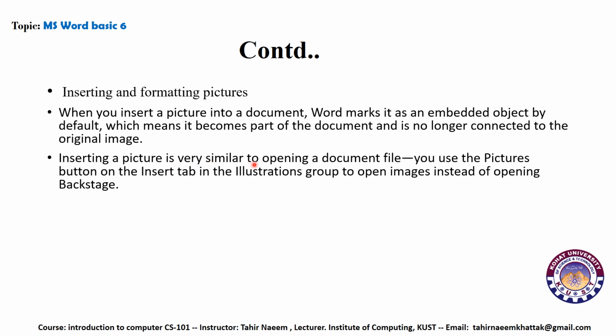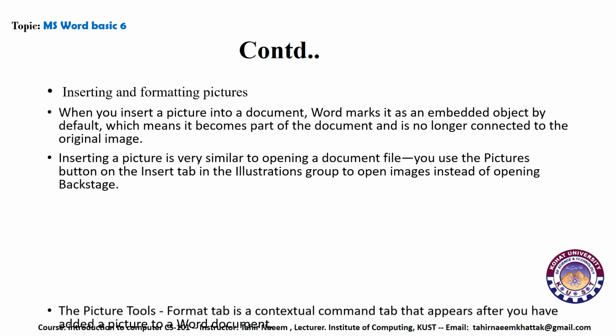Inserting a picture is very similar to opening a document file. You use the Picture button in the illustrations group to open images instead of opening the backstage. So basically, when we click on the Insert tab, we click on the Picture button, and the folder path opens up.